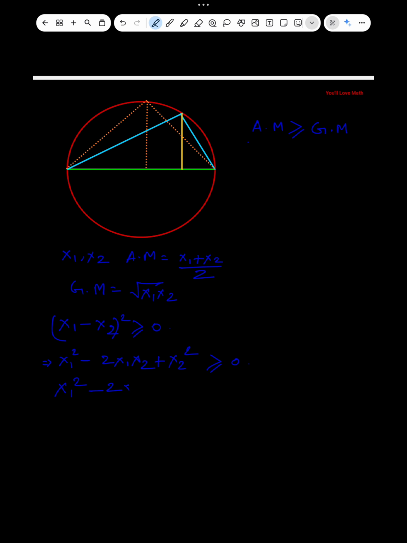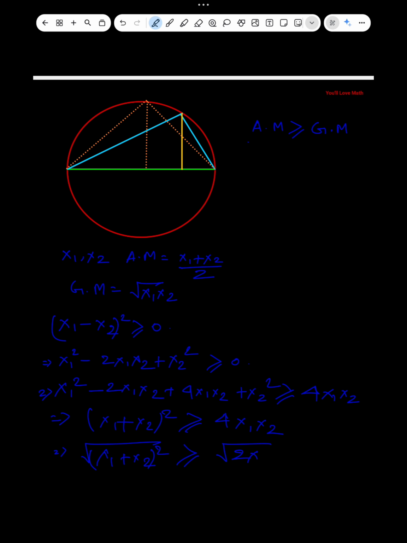So on the left hand side, the value will be (x1 + x2) squared greater than or equal to 4 x1 x2.